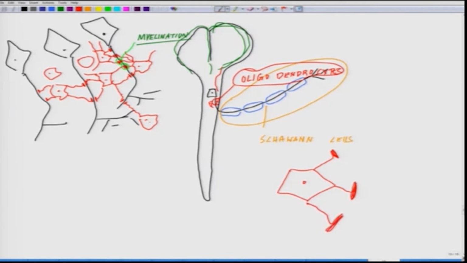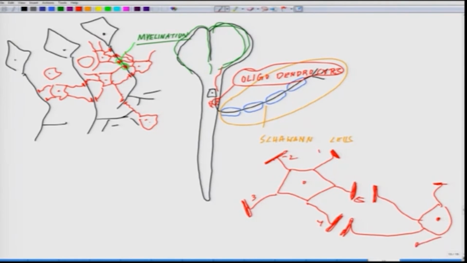Even in just one plane, this oligo could myelinate 1, 2, 3, 4, 5. Another oligo sitting out here will be myelinating that axon, or another one coming like this. So it's a very interesting network of oligos doing this job in your brain.